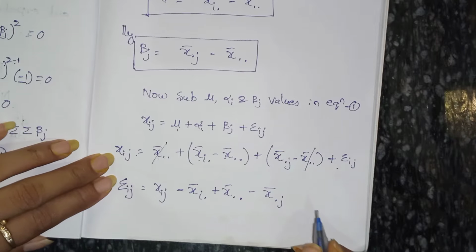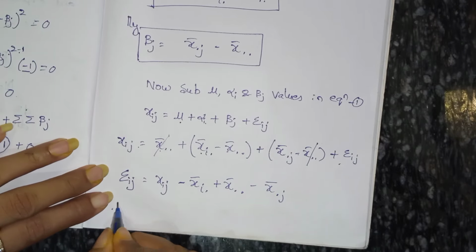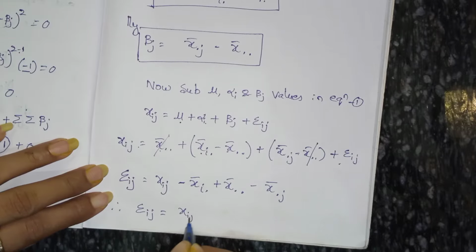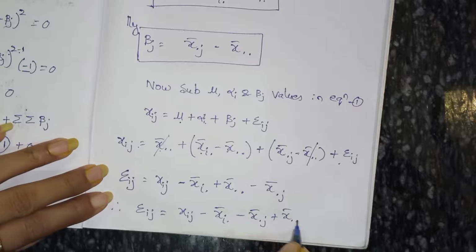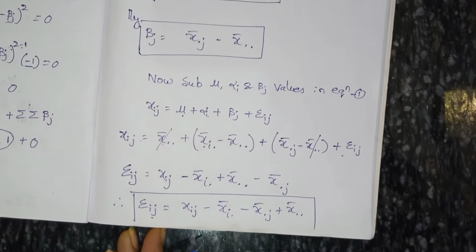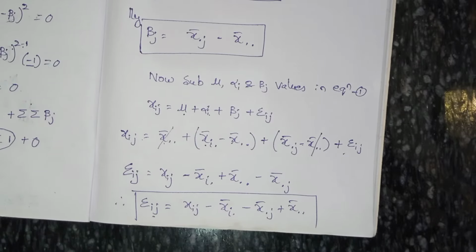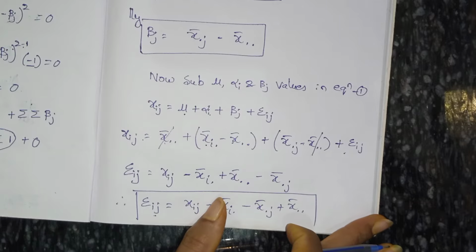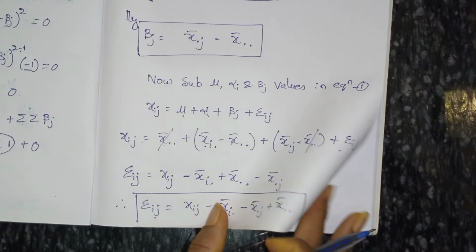Therefore epsilon ij equals xij minus x bar i dot minus x bar dot j plus x bar double dot. This is the value of epsilon ij. Finally, we have to substitute the mu, alpha i, beta j and epsilon ij values in equation 1.